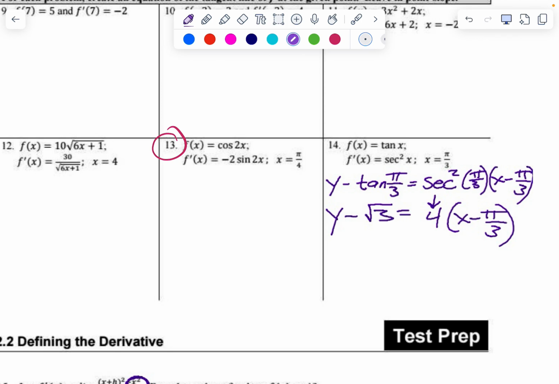Secant squared is what? Well, what is secant? 1 over cosine. And cosine of pi over 3? Where is pi over 3? Yeah, so pi over 6, pi over 4, pi over 3. Okay, so cosine of that one is a half, right?